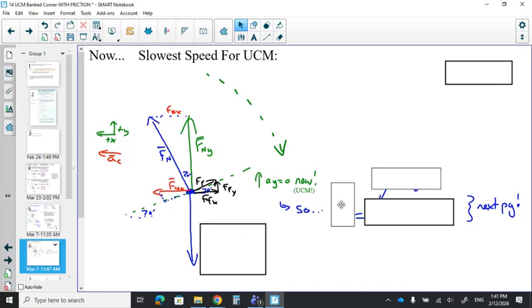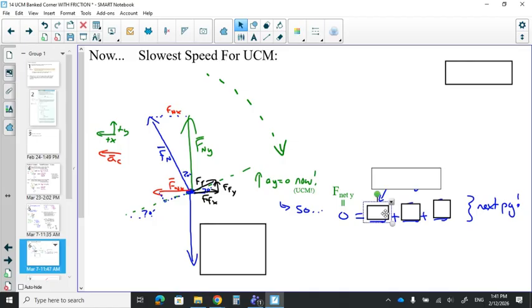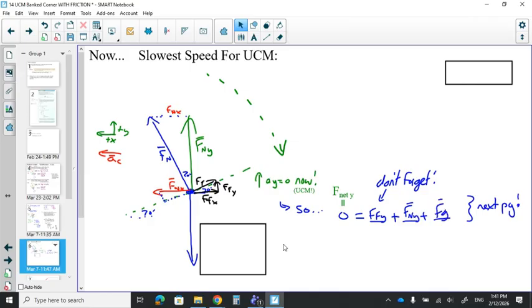And so because we're in uniform circular motion, F net in the y direction is 0. Anyways, in that y direction, as I mentioned before, we have to include friction, right? So don't forget that. There's a component of friction in that direction, and of course, you have your normal force in that direction and the gravity force.